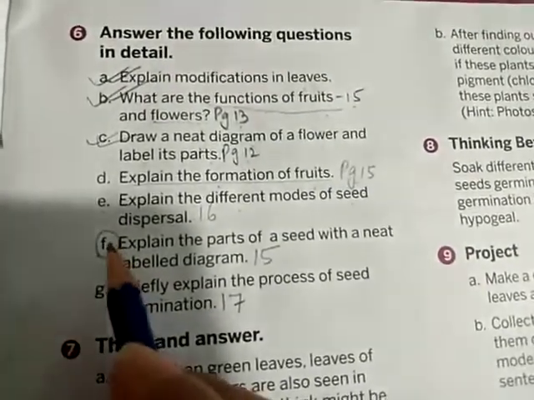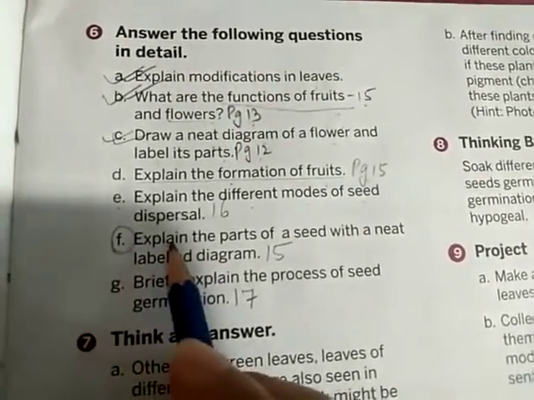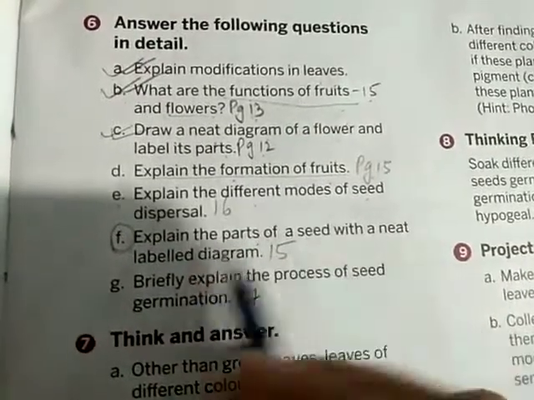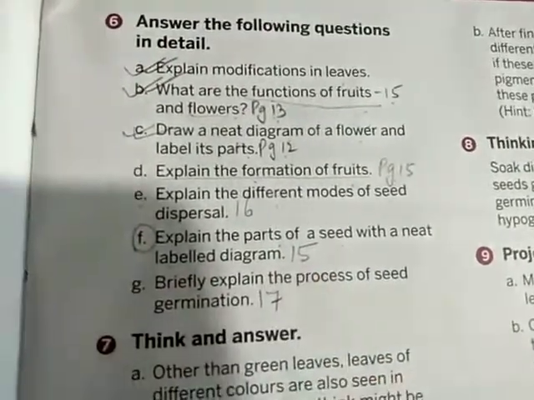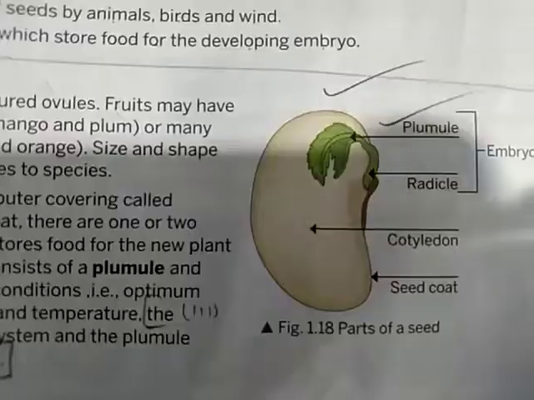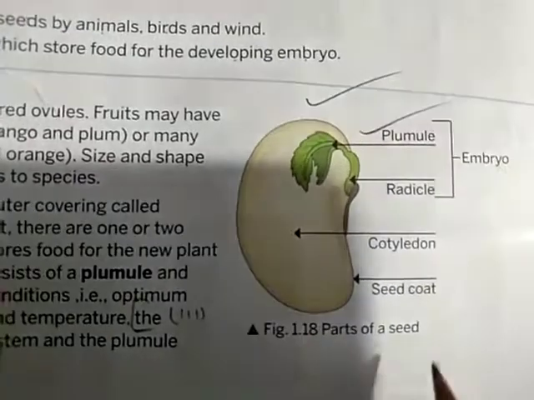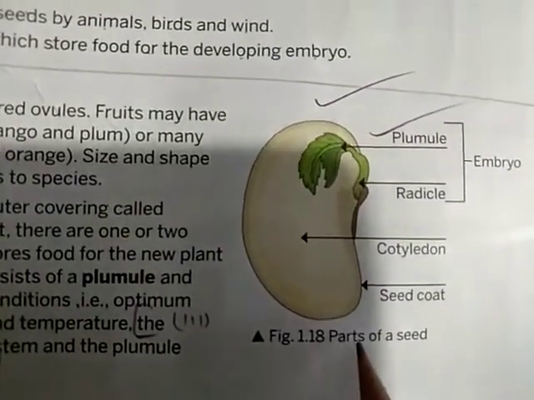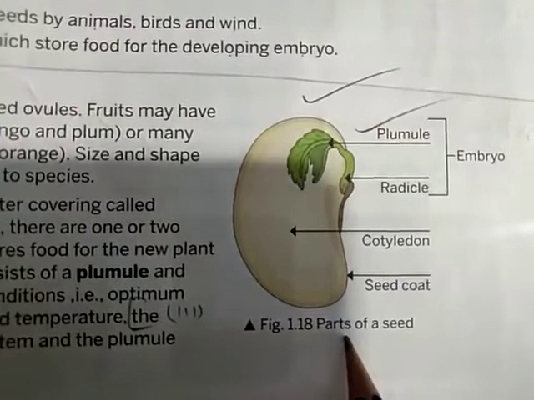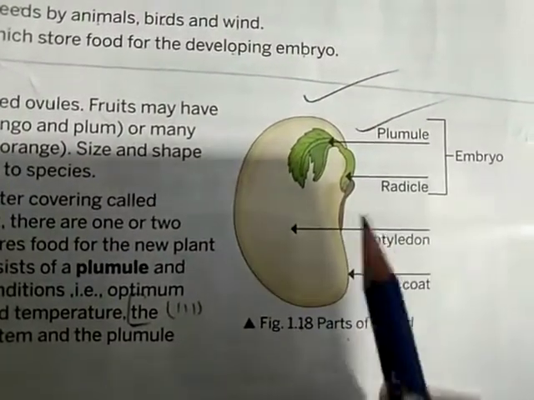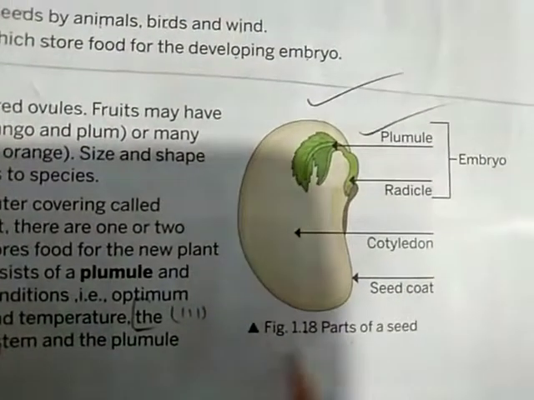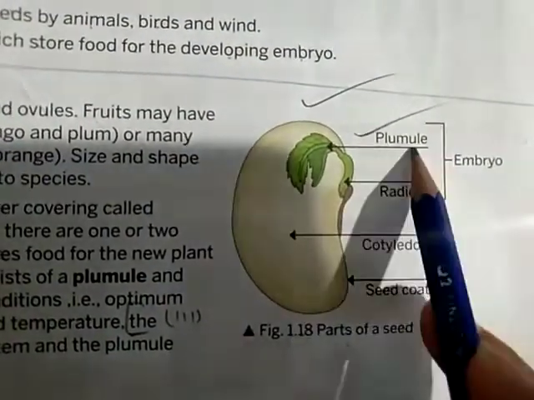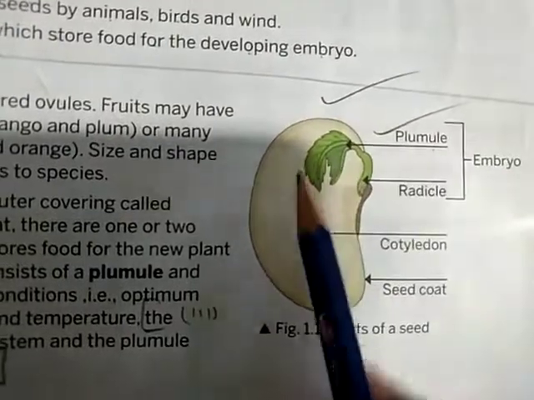Moving to question 6F. Explain the parts of a seed with a neat label diagram. A very clean diagram is given in page number 15 with explanation. So here we are in page number 15. You can see the parts of a seed diagram. Figure number 1.18. You can practice the diagram in your notebook. You can skip the coloring, but you have to label as it is.